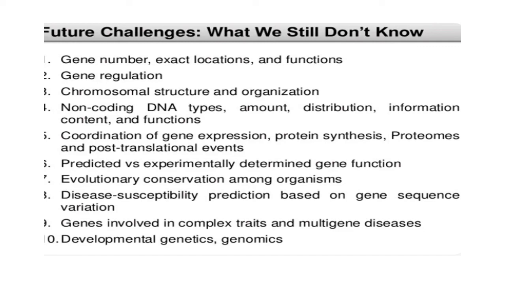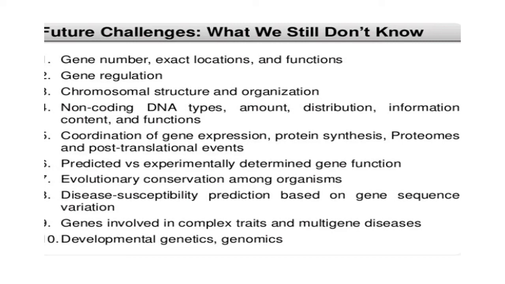Number 3, chromosomal structure and organization. Number 4, non-coding DNA types, the amount, distribution, information content, and functions. Number 5, coordination of gene expression, protein synthesis, proteomes, and post-translational events. Number 6, predicted versus experimentally determined gene function.